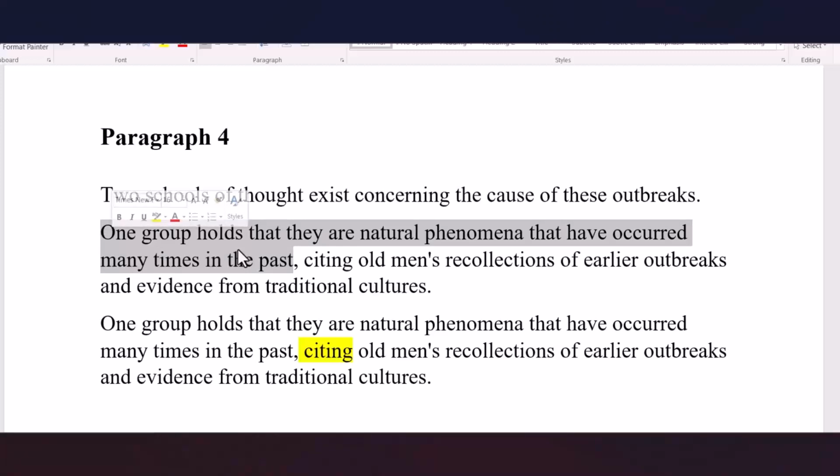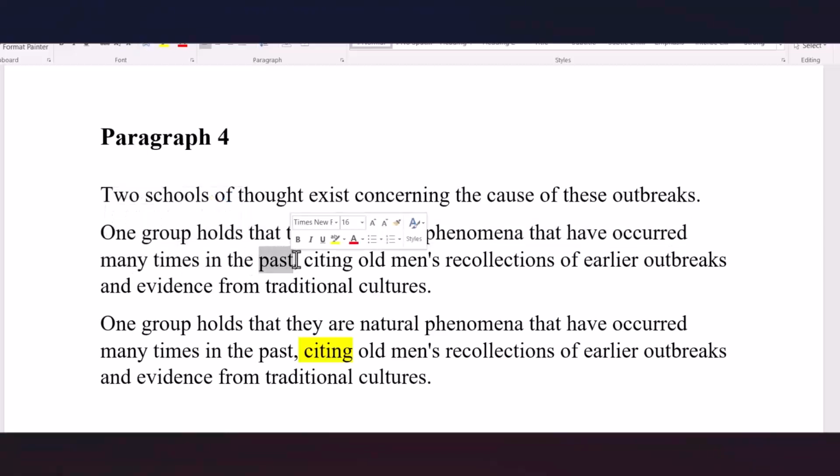But is it reasonable that this clause cite something, or the word past here cite something?